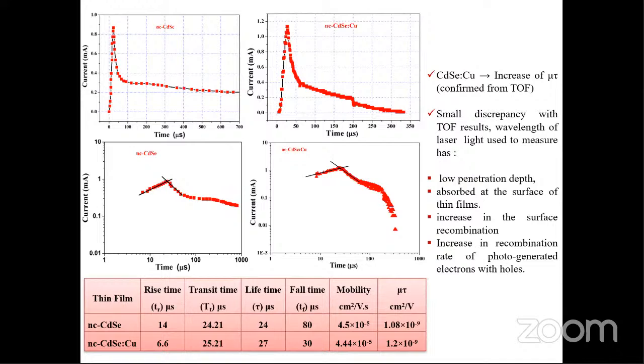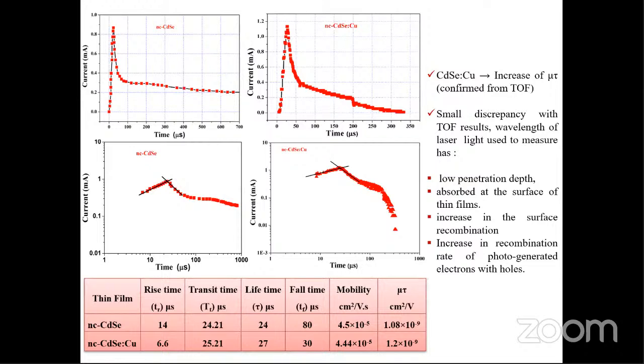So here we can see that an increase in the mu tau product is taking place after the copper doping. A small discrepancy we are getting in the time of flight experiment, which is due to the wavelength of the laser light which we are using.